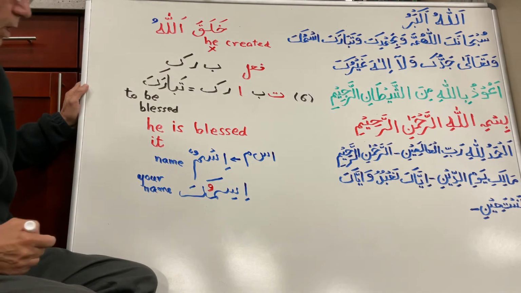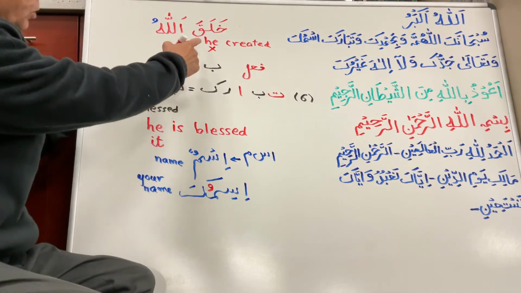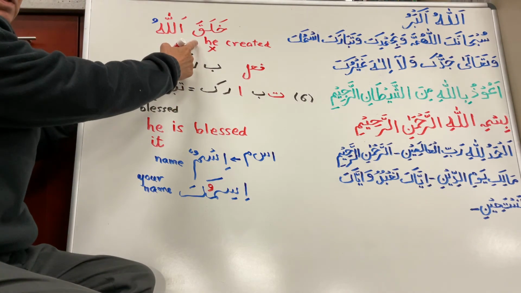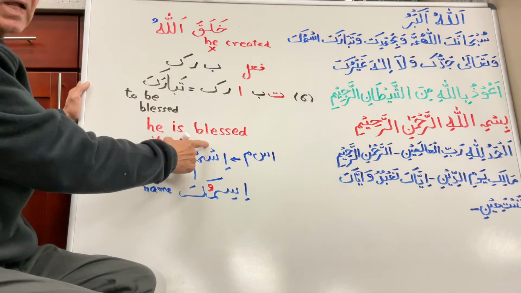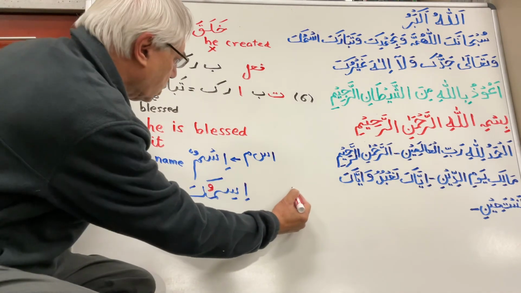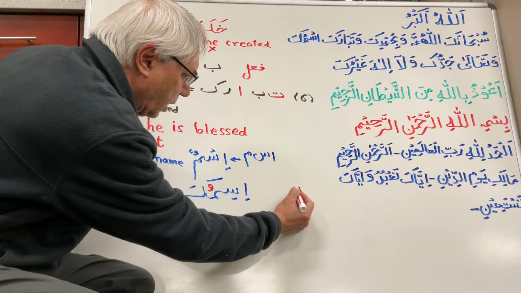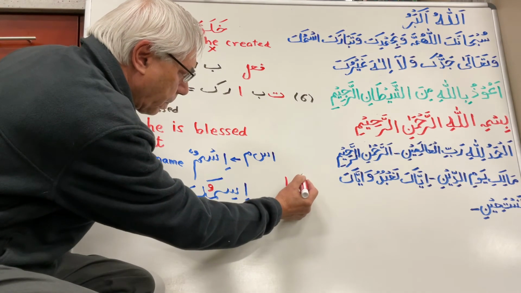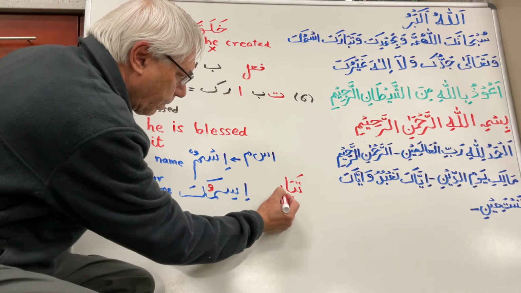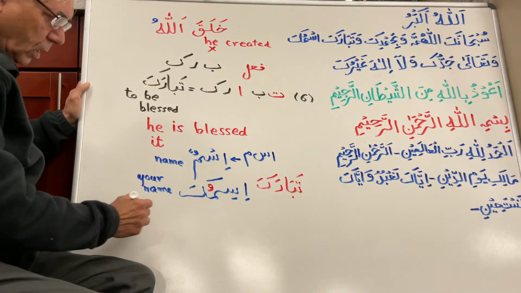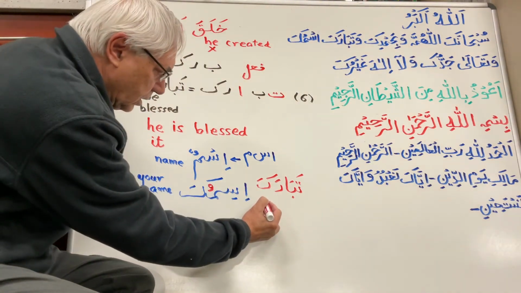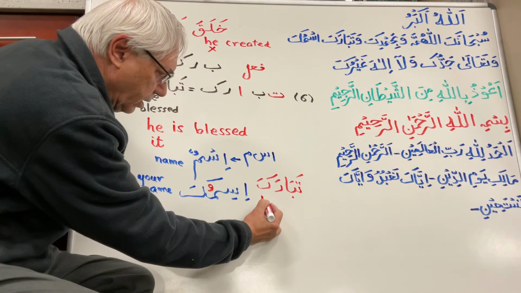Ismo. Okay. What is the noun before? Khalaqa is a verb. He created. Here, he is blessed. Okay. So the word before that is Tabaraka. So this has it in it, or he in it, right?